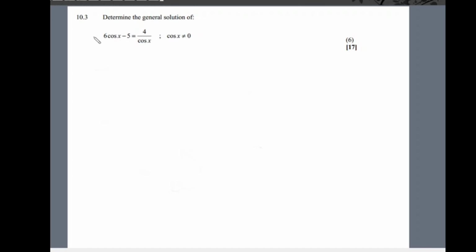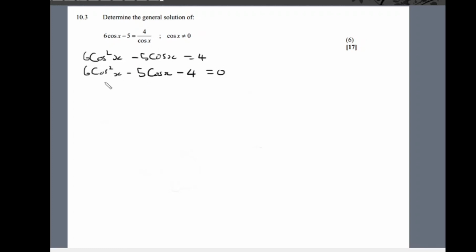To do this, I will multiply both sides of the equation by cos x, right? So on the left hand side, I will have 6 cos squared x minus 5 cos x equals 4, yeah? And then now I'll bring the 4 to the left hand side also. So we have 6 cos squared x minus 5 cos x minus 4 is equal to 0.